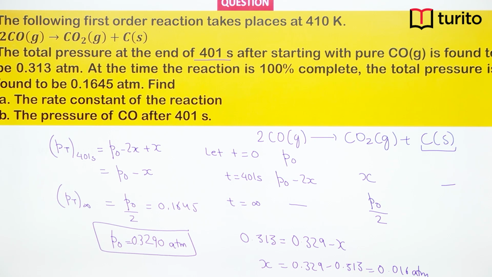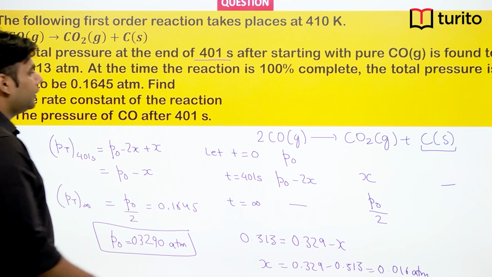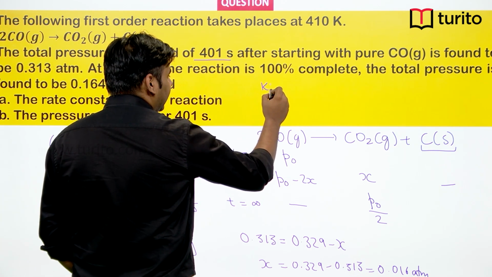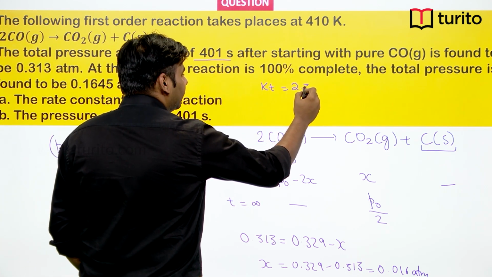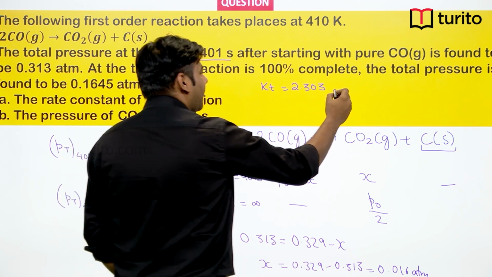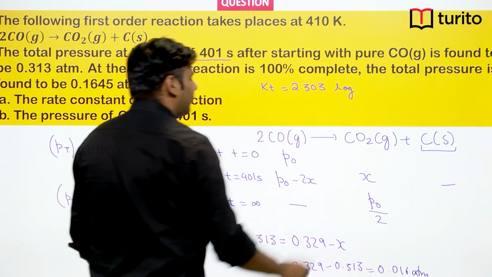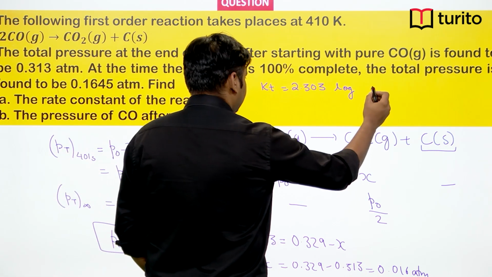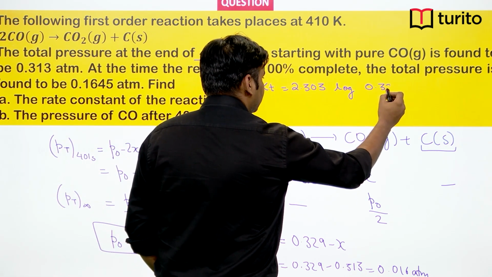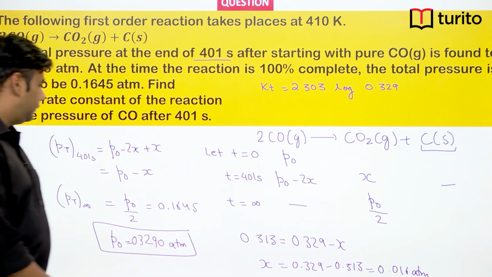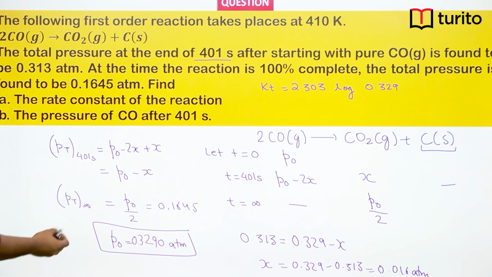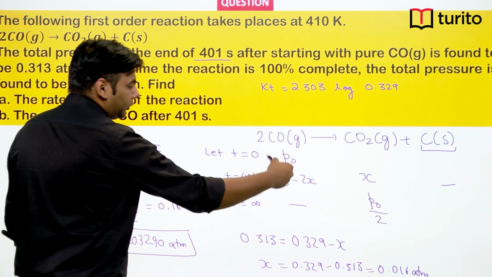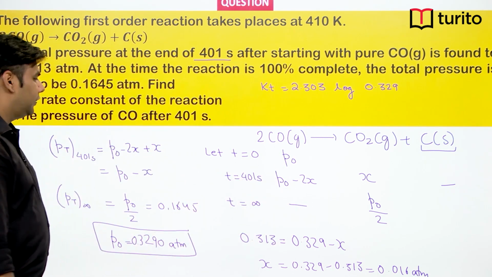Okay, so we have to find the rate constant of the reaction. Because it is first order kinetics, we will say that kt equals 2.303 log of A naught over A. Now, A naught corresponds to P naught, so the value of P naught is 0.329, divided by the pressure of CO at time t, which is P naught minus 2x.